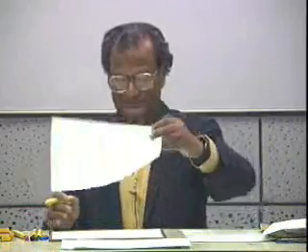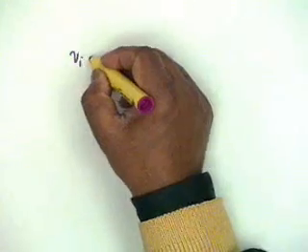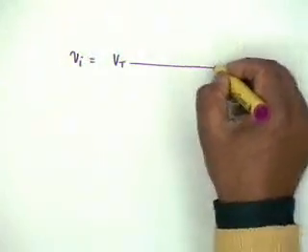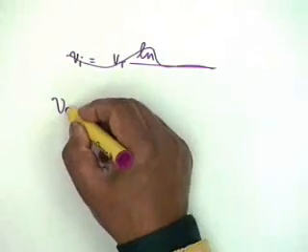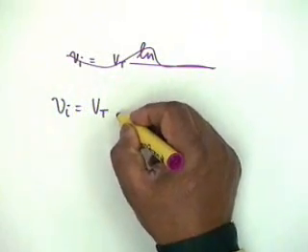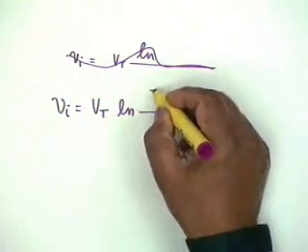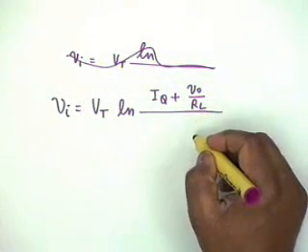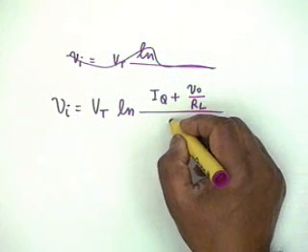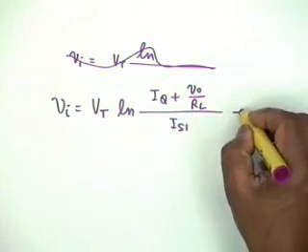However, if we go back to the relationship, what was the relationship? VI was equal to VT log of (IQ plus V0 divided by RL), that divided by IS1, plus V0.